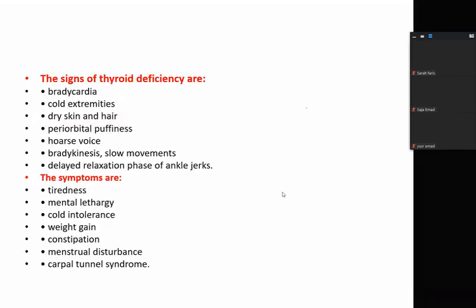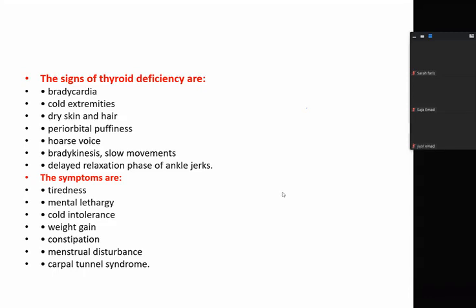Signs of thyroid deficiency and signs of thyroid increase are vice versa. I will tell you about them some time, or we will cover them next time. Bradycardia, cold extremities, dry skin, hoarse voice, bradykinesia, slow motion, periorbital puffiness, delayed relaxation phase of ankle jerk, tiredness, mental lethargy, cold intolerance, weight gain, constipation.